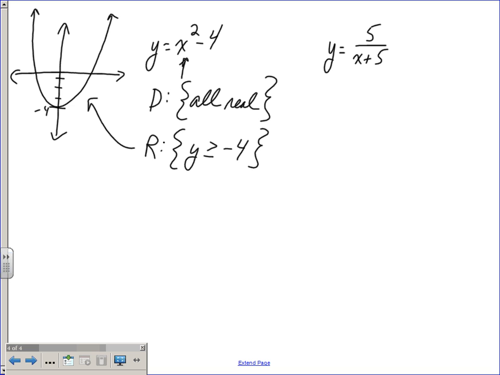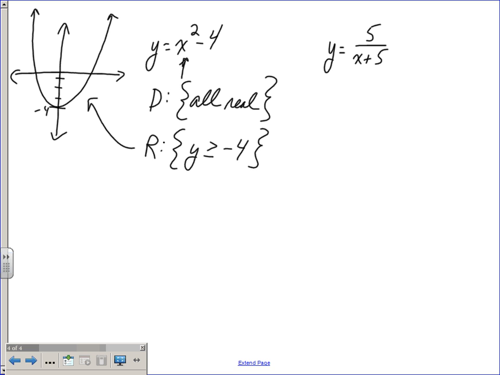Is there any number that you can think of when I plug it in for x that I cannot use? What would not be valid? What do you think? 5. If I put in 5 for x, I'll have 5 plus 5 is 10. 5 over 10 is 1/2. That's okay.